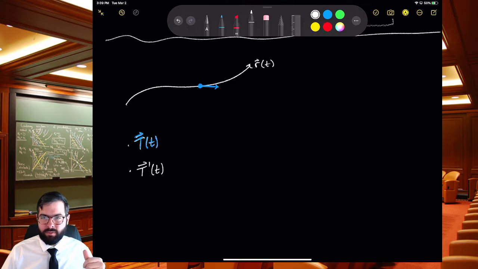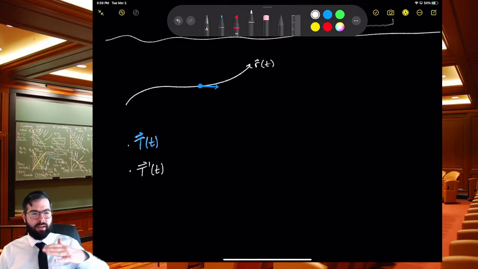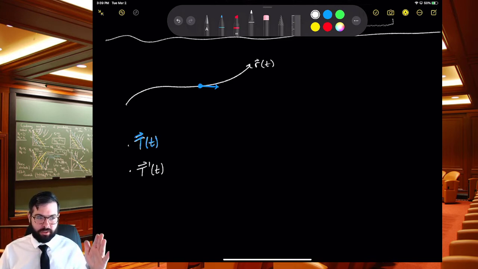What is that kind of related to from the physics world? Acceleration, right? Yeah, it's tied to acceleration. So this is telling us the rate at which the direction is changing.